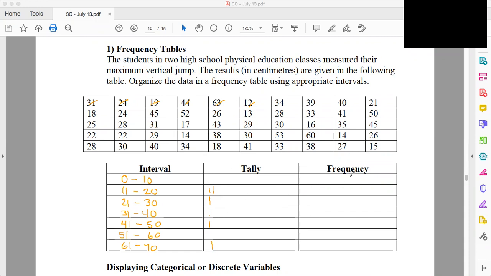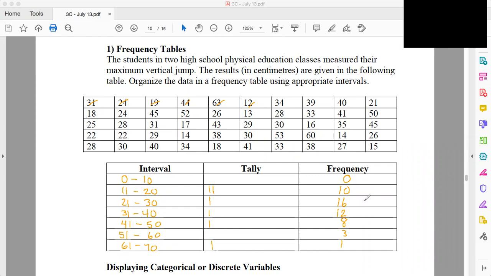So between 0 and 10, there were 0. Between 11 and 20, there were 10. 21 and 30, there were 16. 12, 8, 3, and 1. So this is a frequency table.